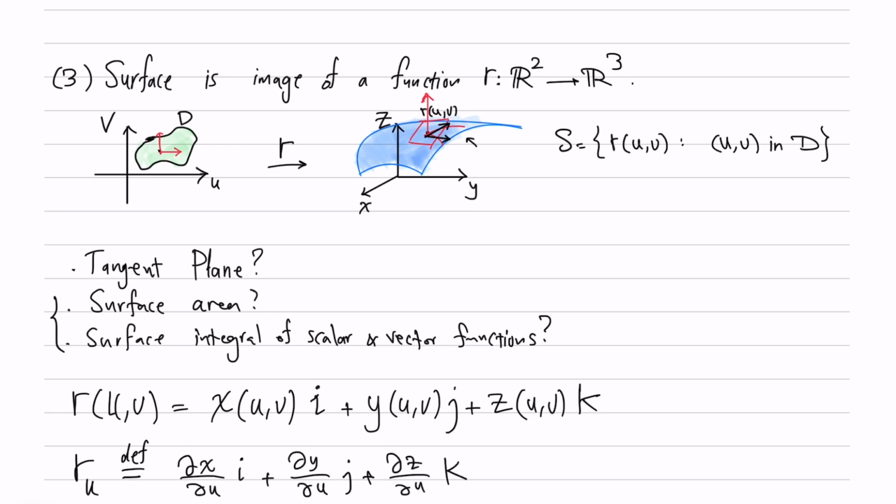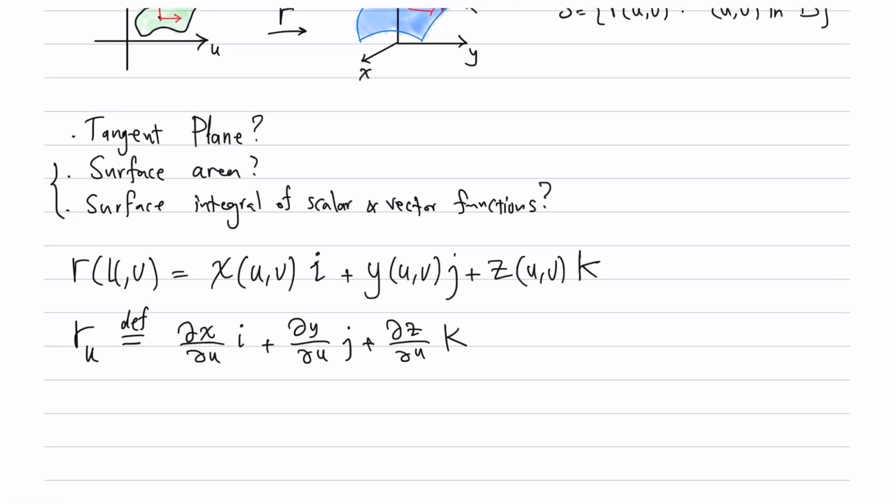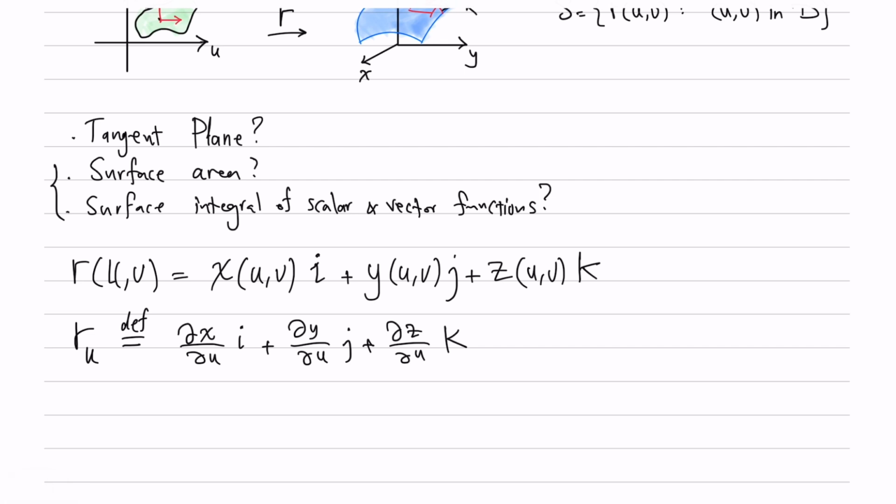I'm suppressing plugging in the (u, v) in all of these. If we are interested in one particular point, (u naught, v naught), we just plug in the values here. So we assume that we will require this quantity at a particular point.